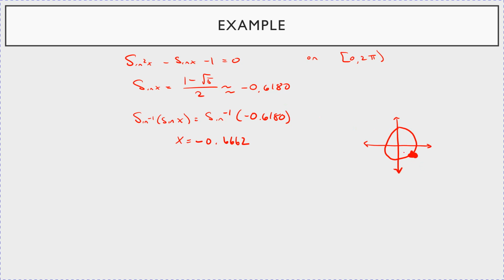But remember, it's repeating itself, so there's two different values here. One would be starting at 2 pi and subtracting this. So one solution, x is equal to 2 pi minus this value. And then another one here would be pi, but then adding this value.